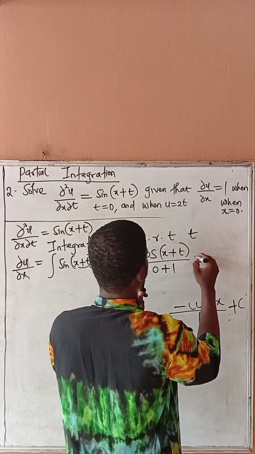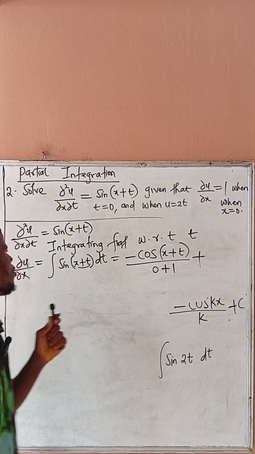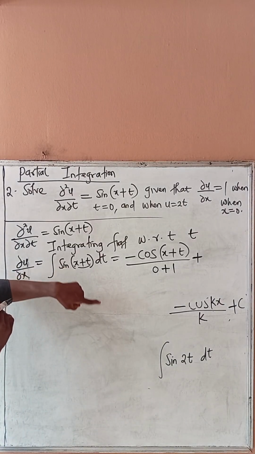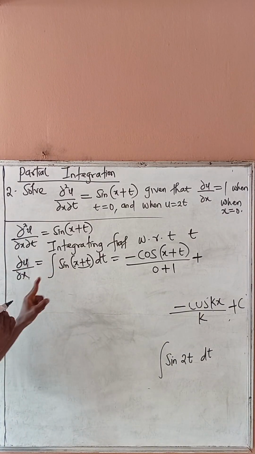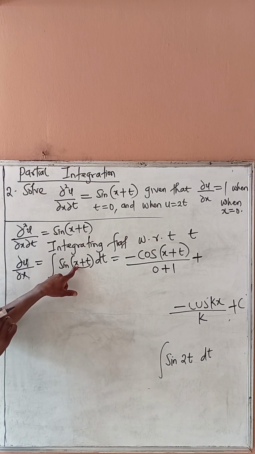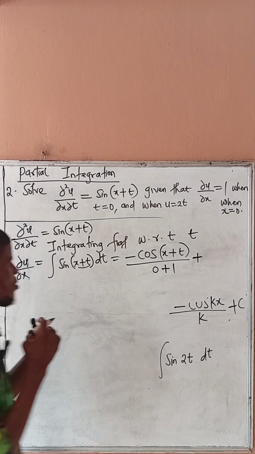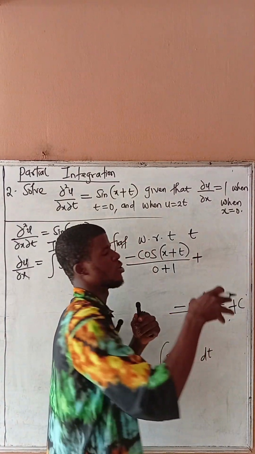Then I'm going to add something, which is the function of x in this case now. I will add a function of x because we considered x as a constant. Since we integrated with respect to t, it means that x is a constant. So I'm writing a function of x.